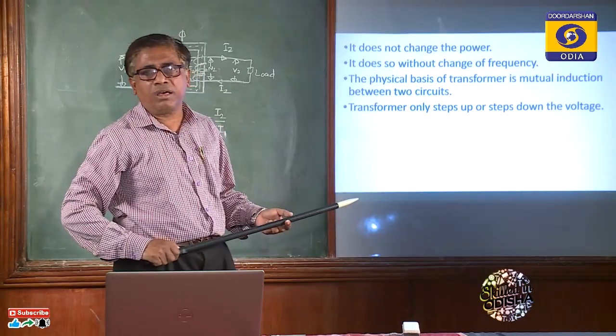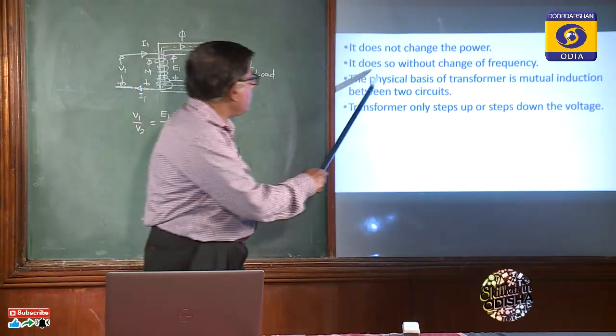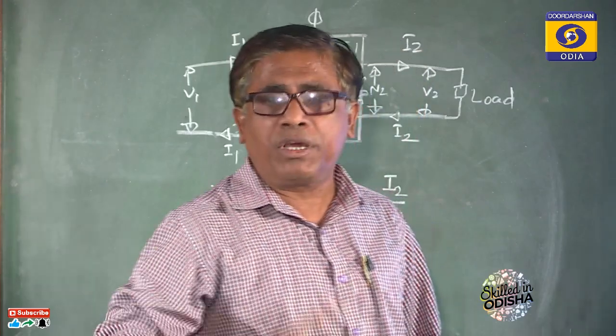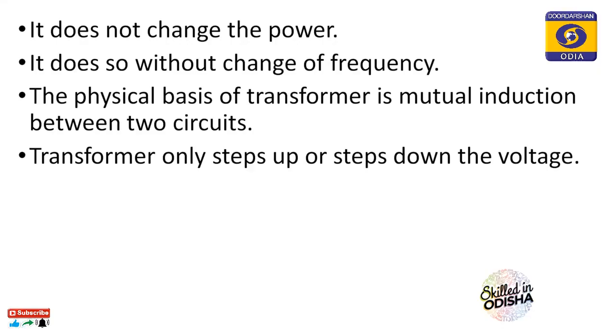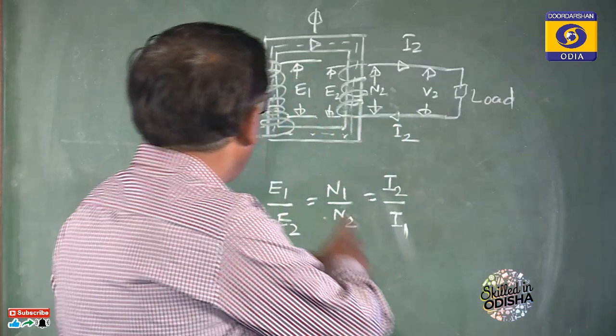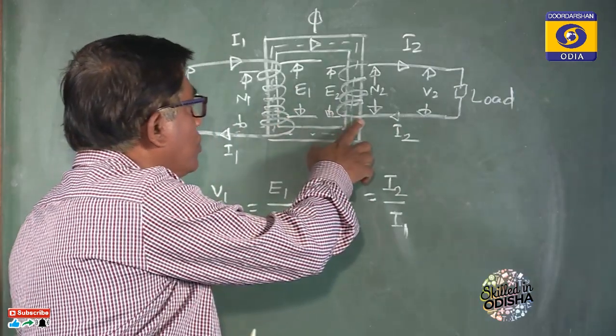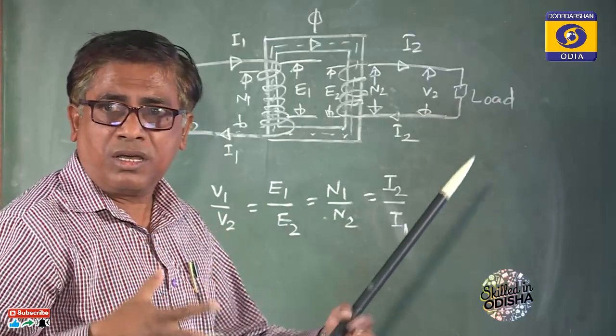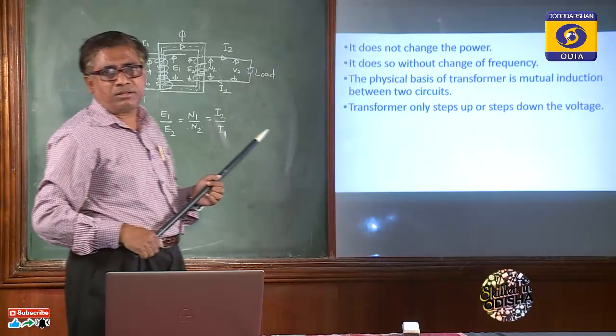It does so without change of frequency. The physical basis of a transformer is mutual induction between the two circuits. This is your primary winding, this is your secondary winding, both linked by a common flux. That is known as mutual induction.